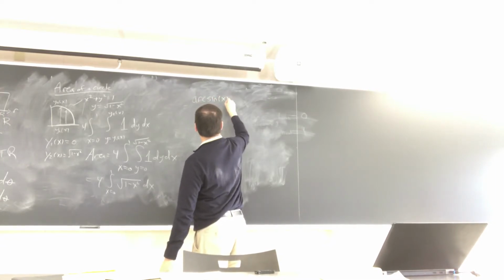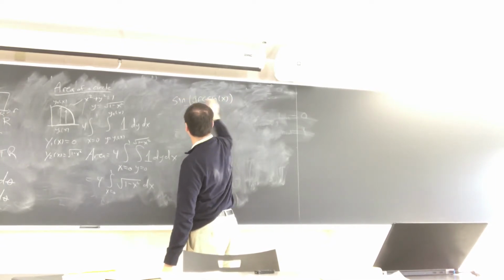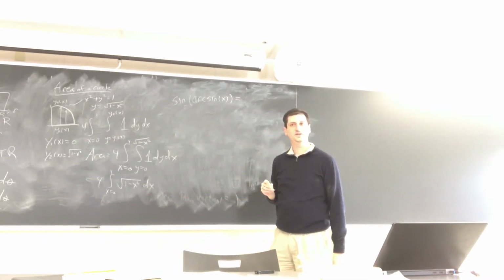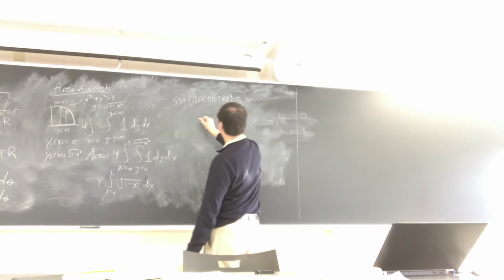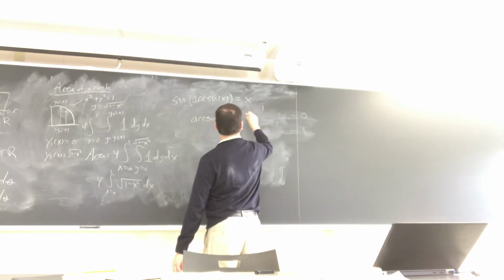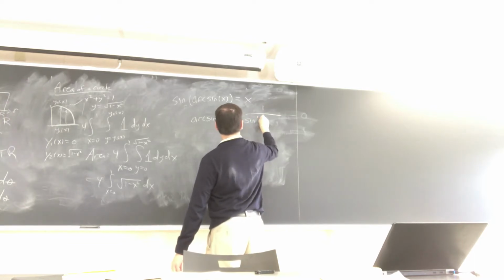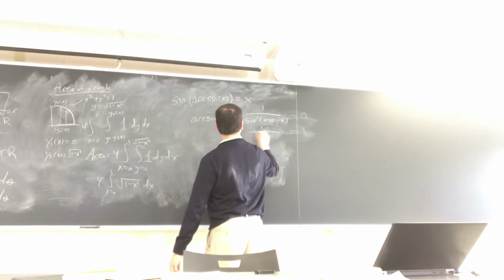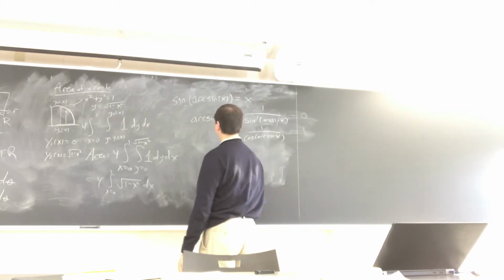Let's look at arcsine of x. Well, if we take the sine of the arcsine, what will that equal? X. So by our rule from before, we get arcsine prime of x is 1 over sine prime at arcsine of x. All right, that's 1 over cosine of arcsine of x.